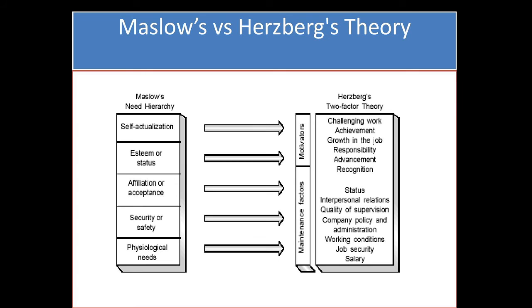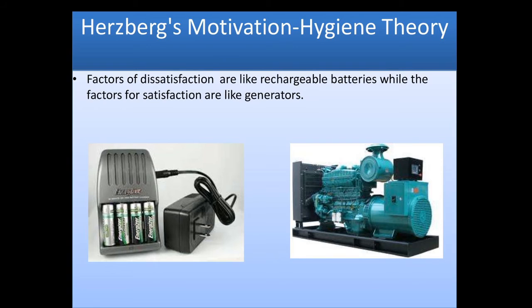Some other points talk about different things, where the work is laid only from the organization's point of view. Here is an example, like rechargeable batteries. The factors for satisfaction are like generators.